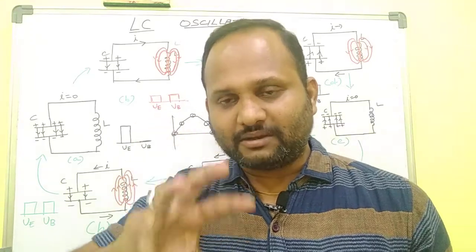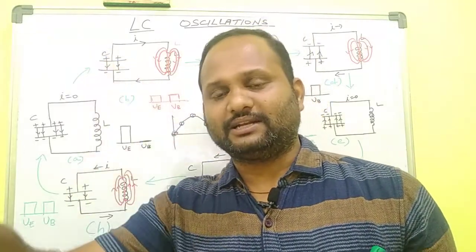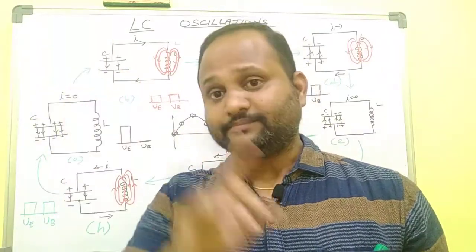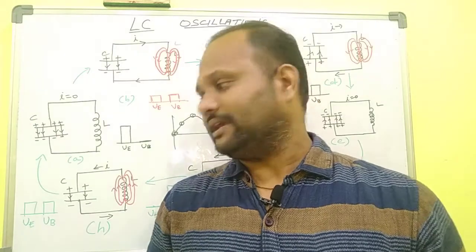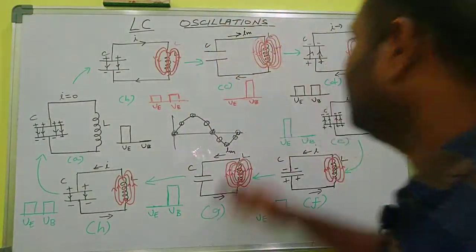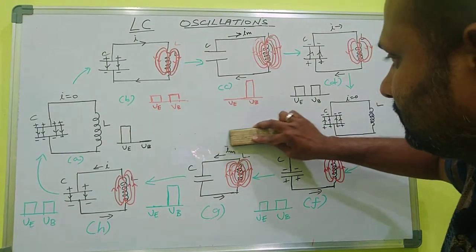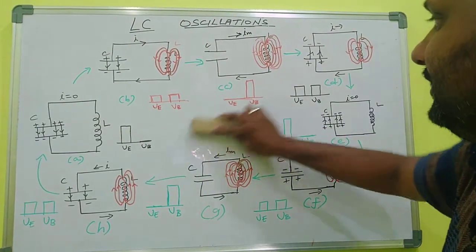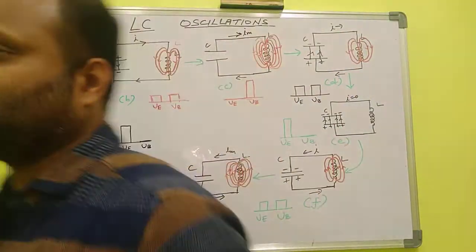So one form of energy is converted into another. Magnetic energy is converted into electric, and electric energy is converted into magnetic, only in the ideal case. So for an ideal inductor and ideal capacitor, LC oscillations of definite frequency are produced.